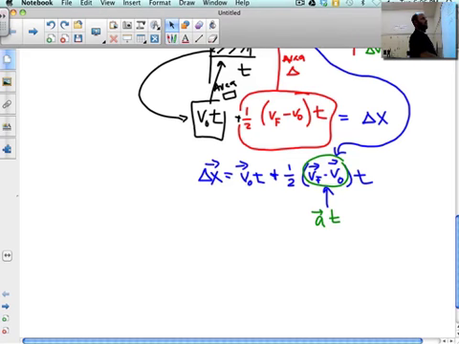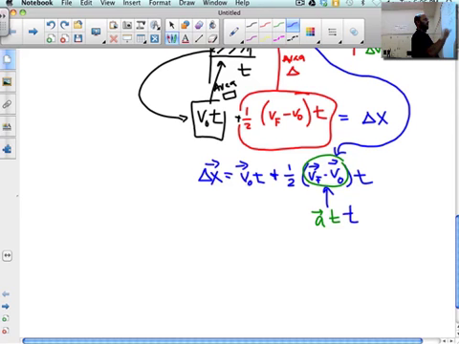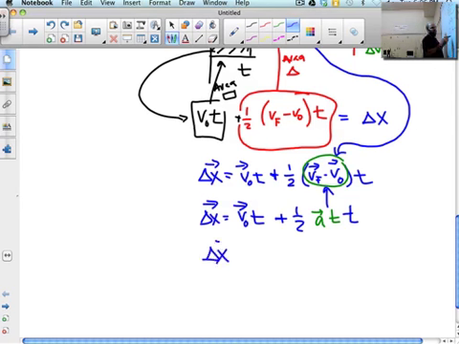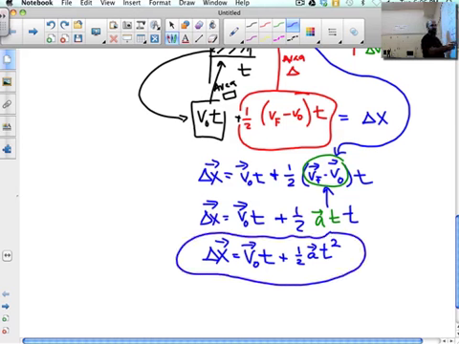And that's nice, because then this is at times t, 1/2 here, plus v naught t equals delta x. All right. Now, looks like delta x equals v naught t plus 1/2 at squared. So we have a way to find displacement for objects that are moving with constant acceleration. Quite a powerful equation, quite useful. And this a can't be a changing number, it has to be constant.